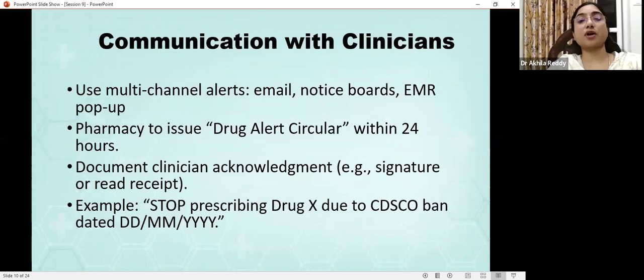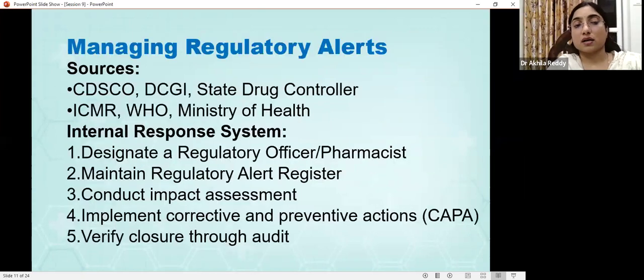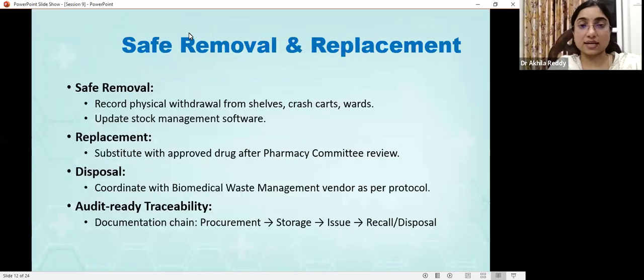And the communication, the mode of communication with the clinicians, for patient safety and employee safety as well. Managing regulatory alerts: what regulatory alerts there are, what resources we must choose, and what the internal response system is. There is also a protocol for safe removal and replacement.